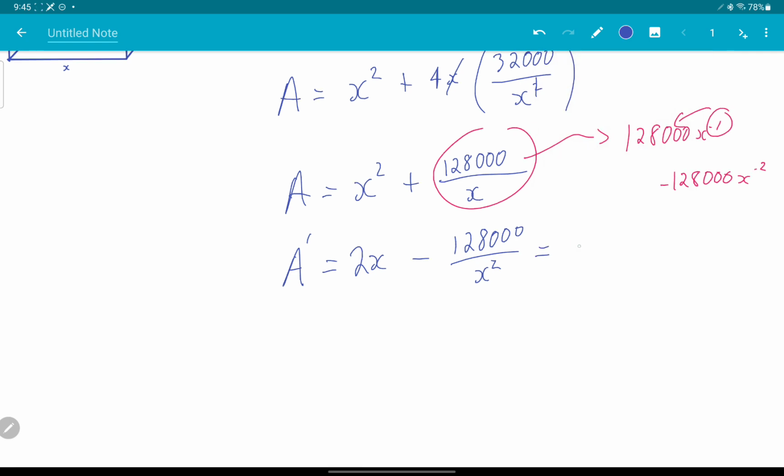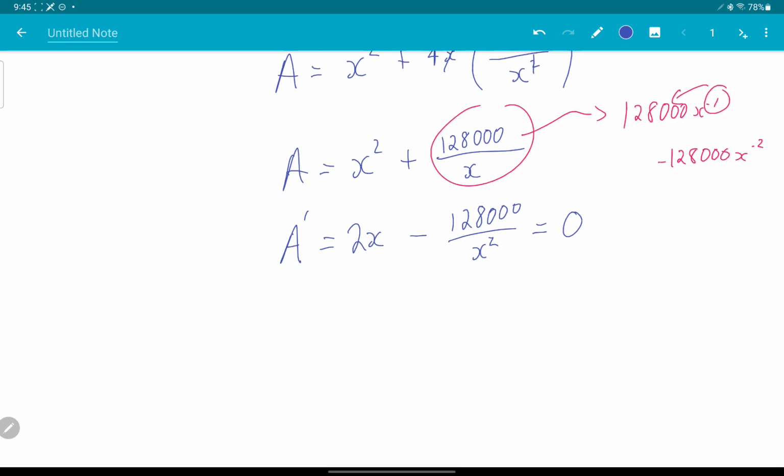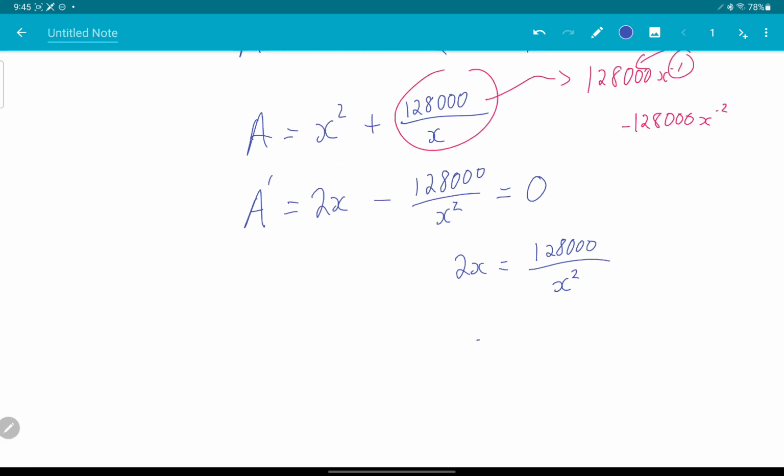Set the derivative equal to 0 to find my critical numbers. 2x is 128,000 over x squared. So x cubed is 64,000.